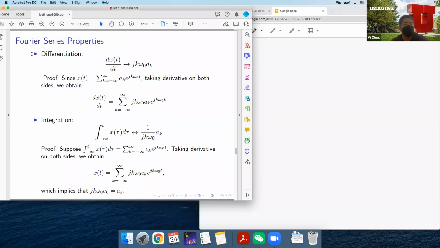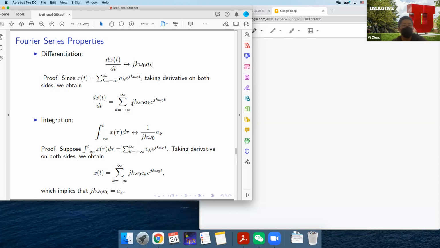And we have two more properties. One is about differentiation, the other is integration. So if we take the derivative of the signal, then the spectrum is modified by multiplying by a constant, j k omega naught. And instead, if we do integration, then the spectrum is divided by this constant.